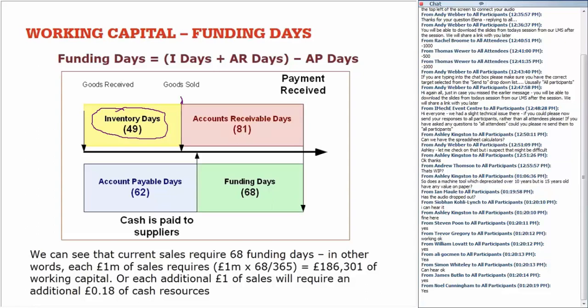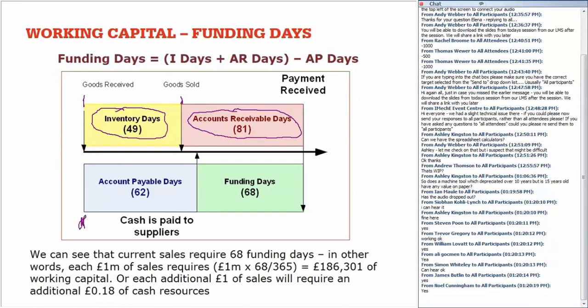Now, again, you can work out how many days on average it takes for your customers to pay you. That's known as days sales outstanding or accounts receivable. In this case, it's 81. Now, when the stock arrived into your warehouse, the clock started ticking with the supplier that provided those materials.